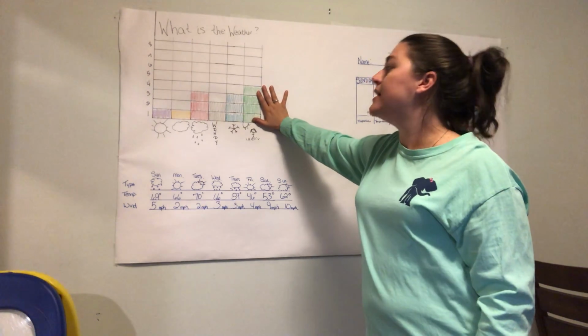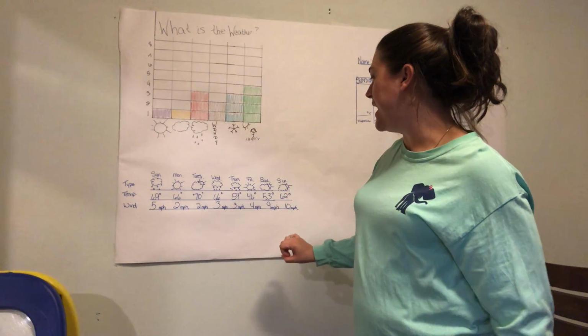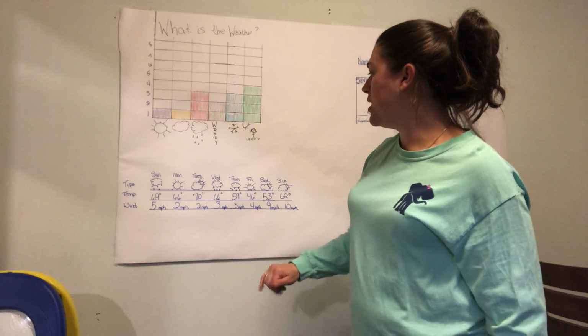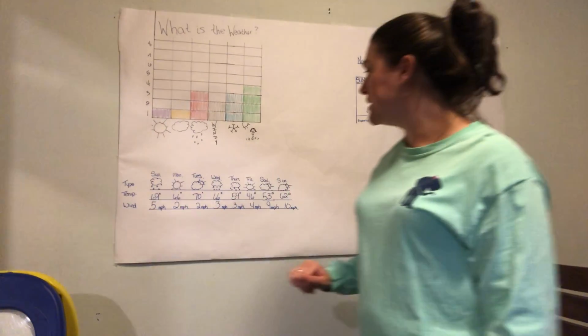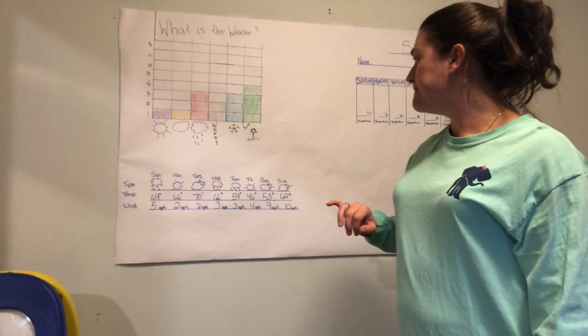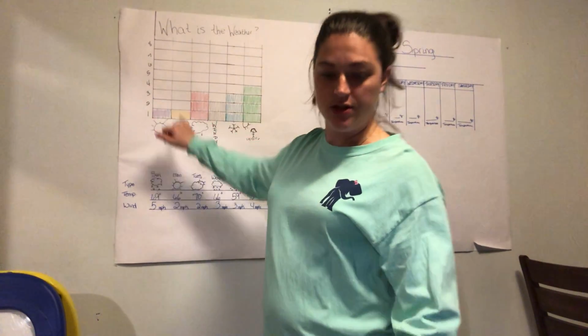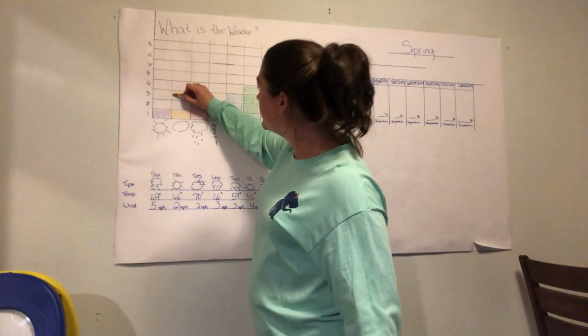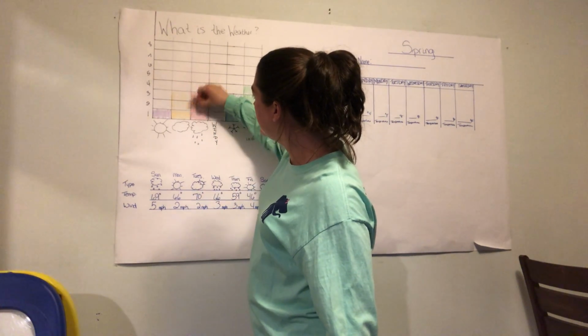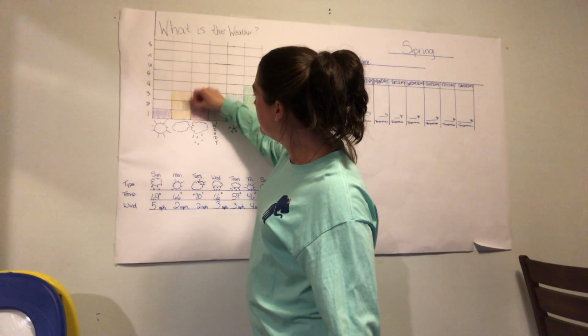The data we collected shows us that we're going to have a couple of sunny days, a few cloudy days, which there should have been 3 there, so this one actually goes all the way up to here.